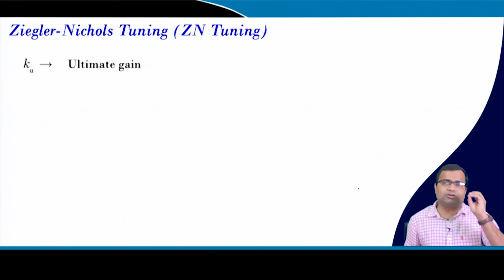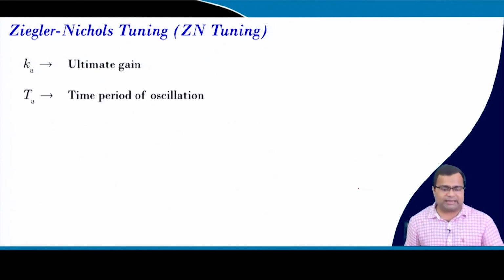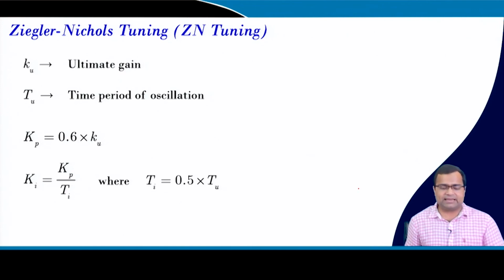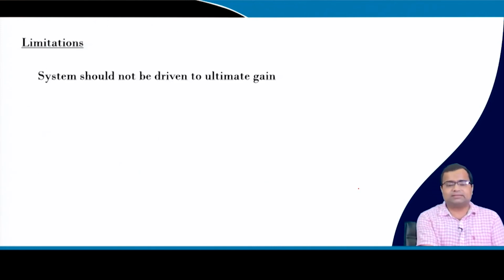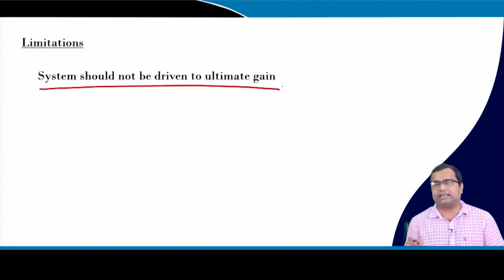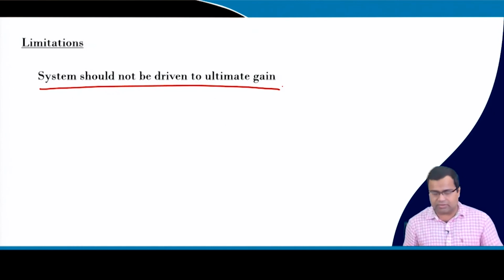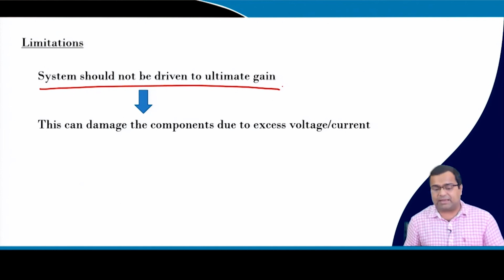Then once we find the oscillation, we can find the ultimate gain and ultimate time period, and we can find Kp, Ki, Kd using the Ziegler-Nichols tuning method. So this can be used in real time, but it is limited. In the standard Ziegler-Nichols tuning rule, the system should not be driven to the ultimate gain, as this can damage the components.